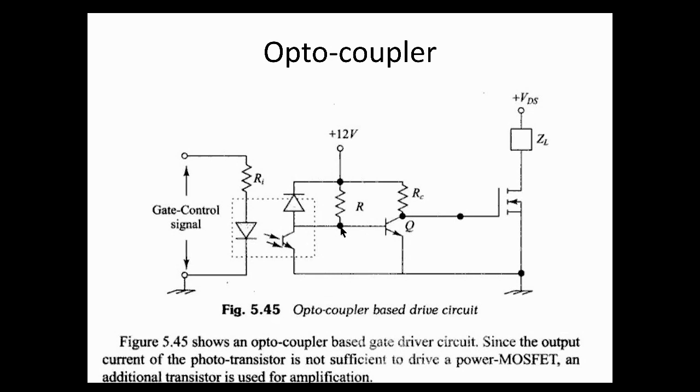Right. What would be at Q? The 12 volt source is still at the base terminal, right? Yeah. So it will be the flow through the collector for the opto isolator and go to ground.